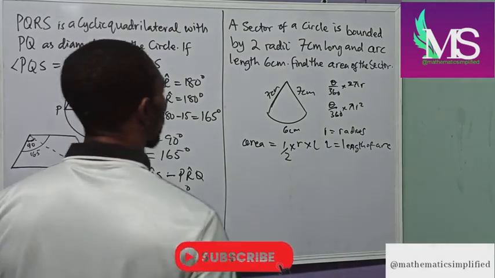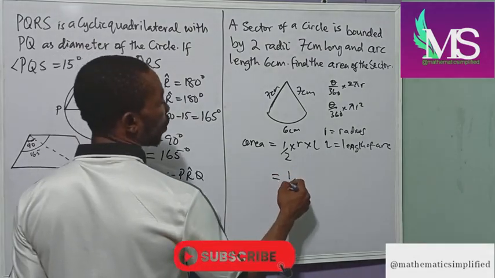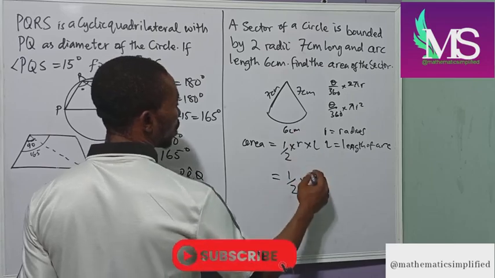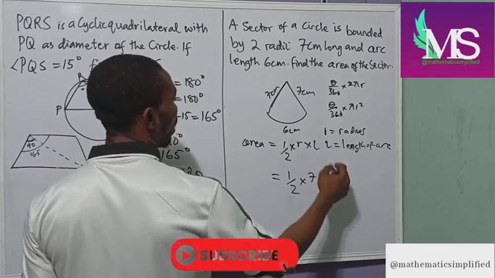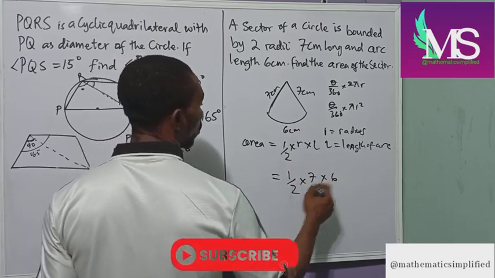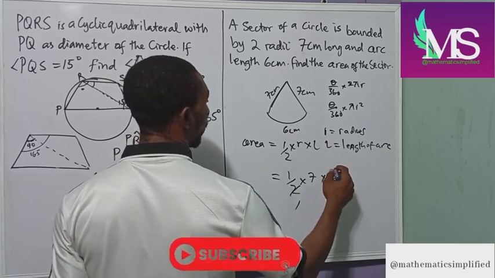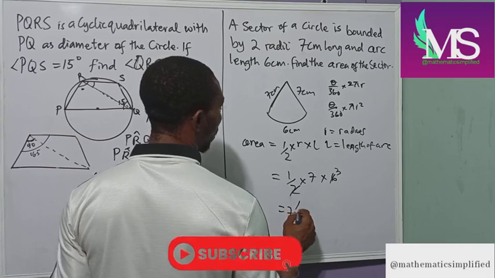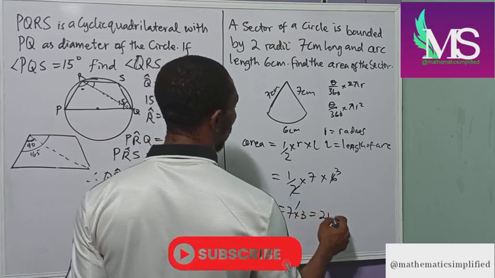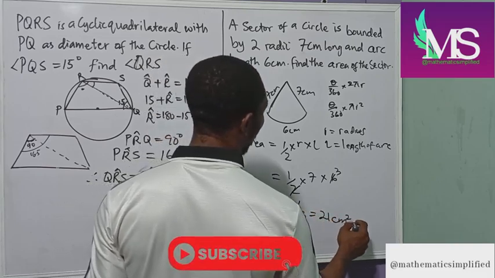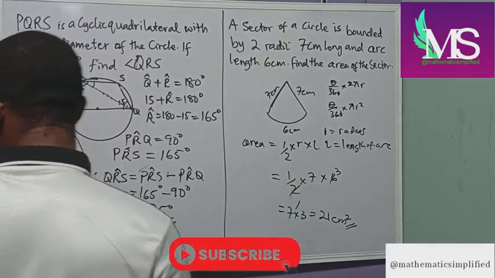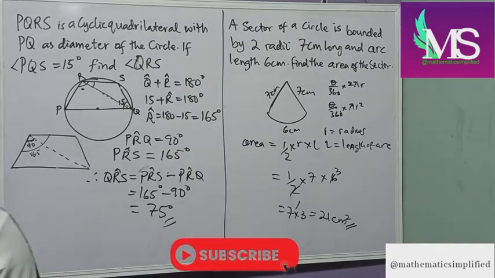So this will give us 1 over 2 times radius 7 times length 6. So 2 into 6 is 3, and 7 times 3 will give us 21 cm squared. So 21 cm squared is the area of our sector.